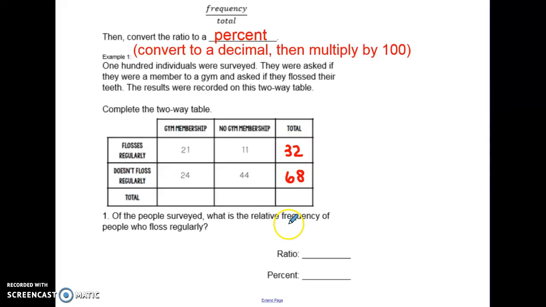I get 100 for my total down here, I get 55 for my total here, and I get 45 for my total here. And again, another way to check is if this adds up to 100, then the bottom row has to add up to 100. And it does.